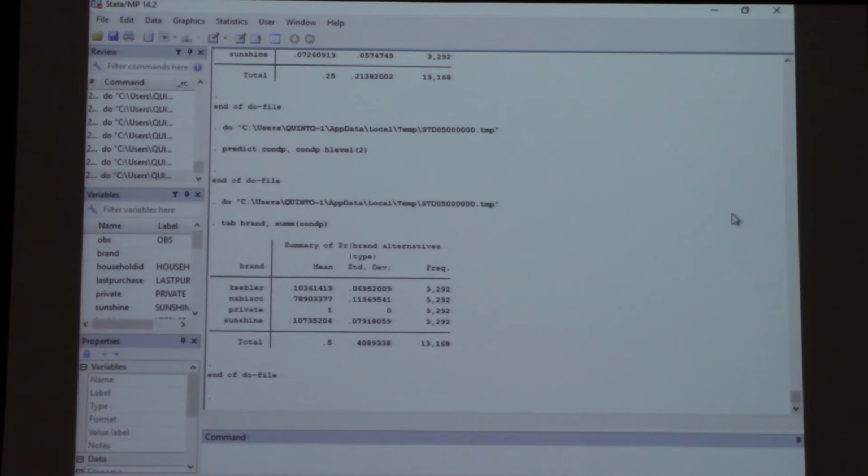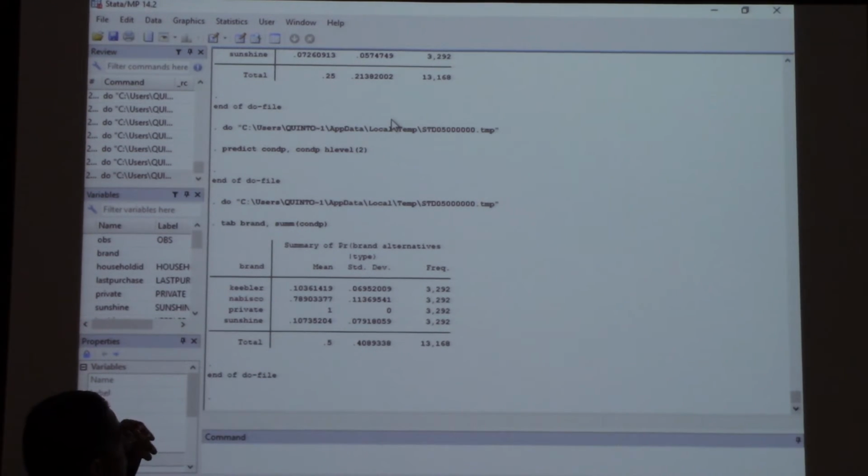To get the conditional probabilities, I'm going to make a column, conditional P, and then my option is conditional probability, and then hierarchy level 2. And that gives us these conditional probabilities.